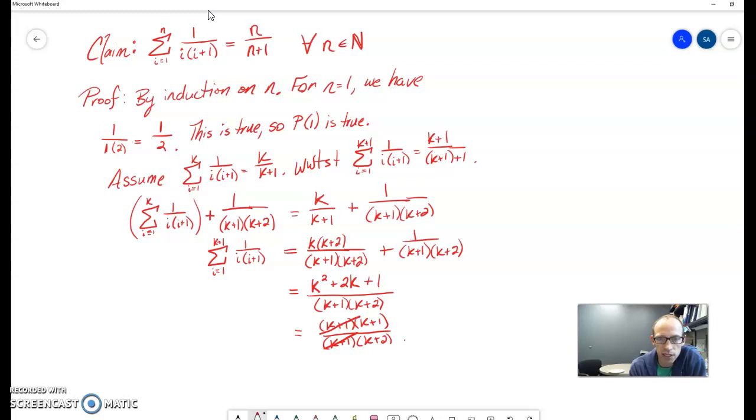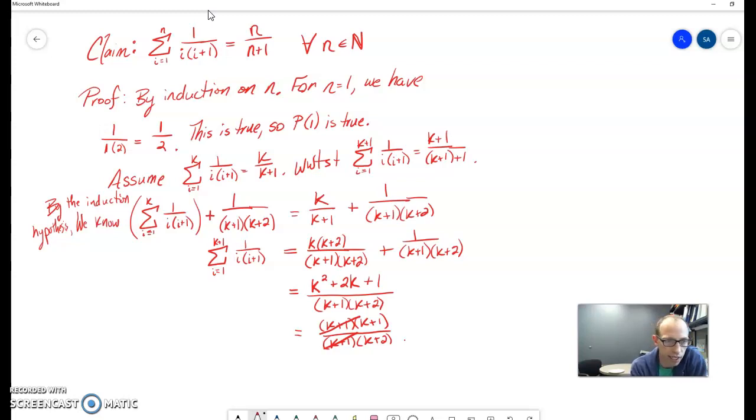So since, let me add a few more words here. By the induction hypothesis, we know this right here.